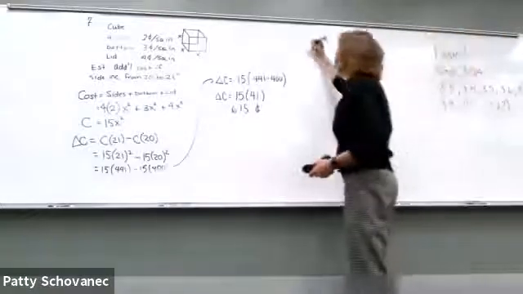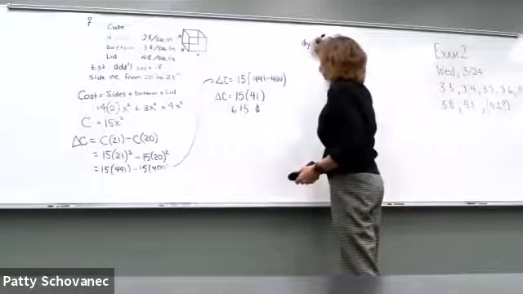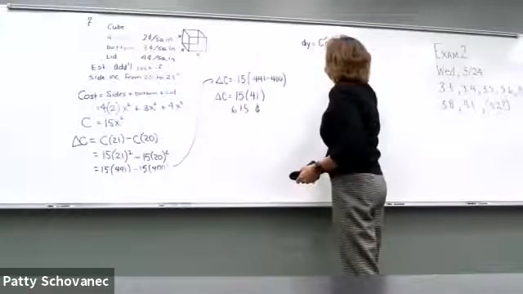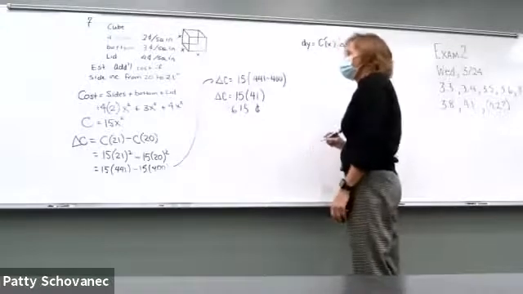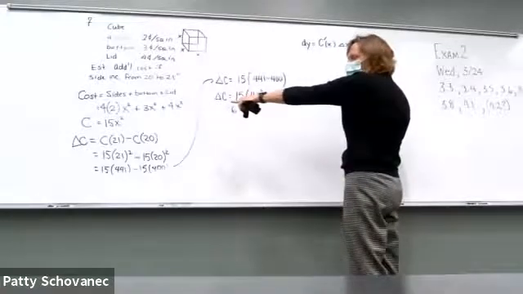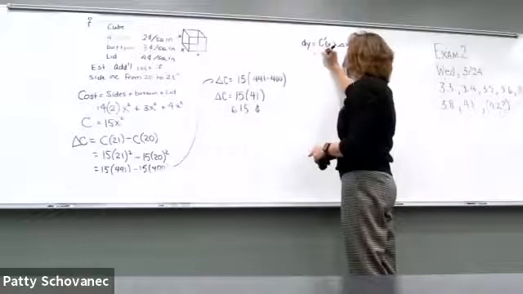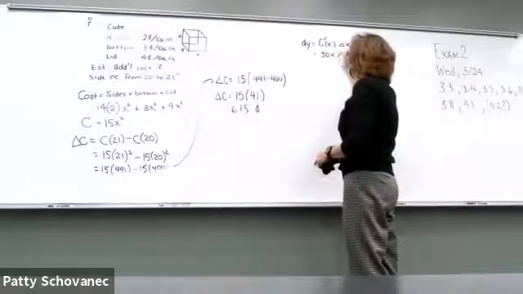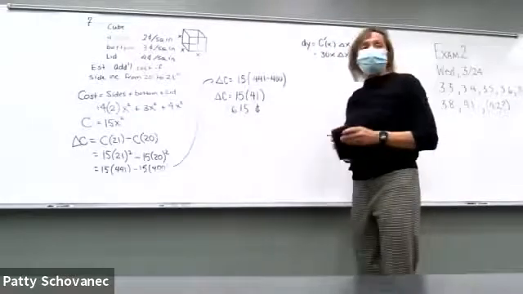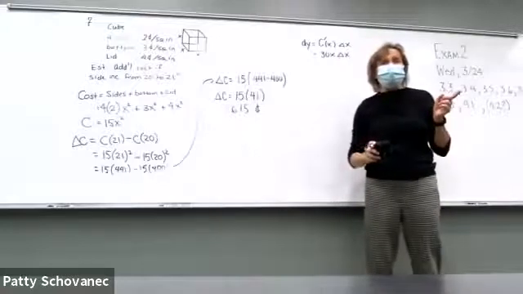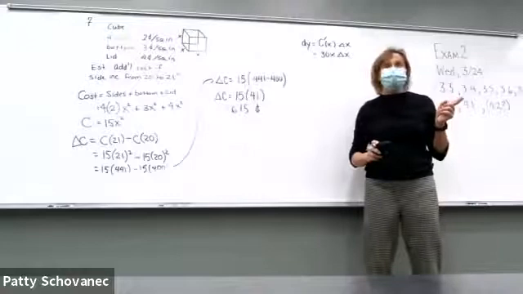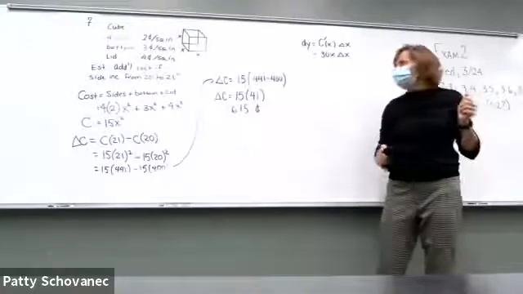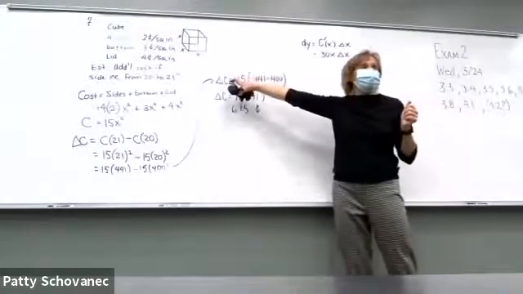Now the approximate cost is our dy, which is just going to be c prime times our delta x. Our c prime is just 30x. X is the length of each side. So what is delta x here? What's the change in x over there?